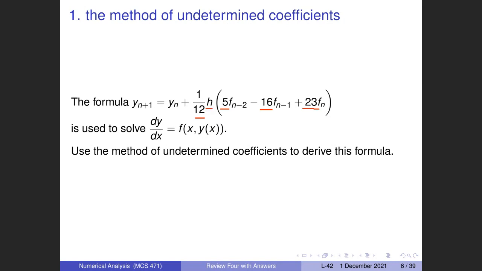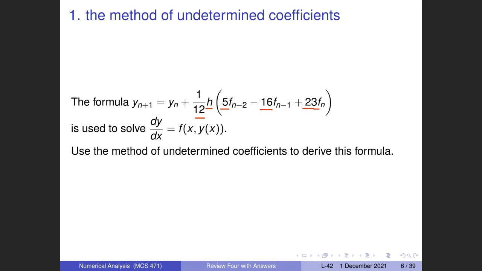So we have 5 times h over 12 as the first weight for the function evaluation that we will do 2 steps back. We are at the current point, xn, yn, fn; then fn minus 1 at xn minus 1, yn minus 1, and fn minus 2 is the function evaluation at xn minus 2, yn minus 2.